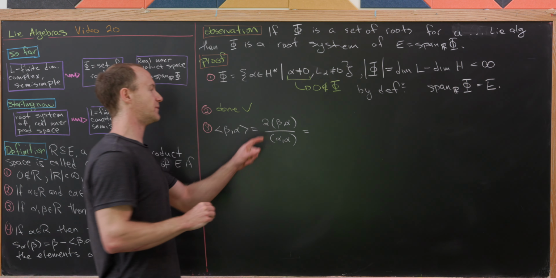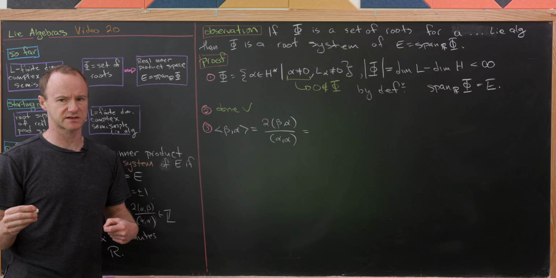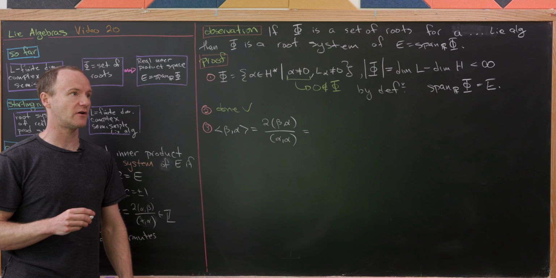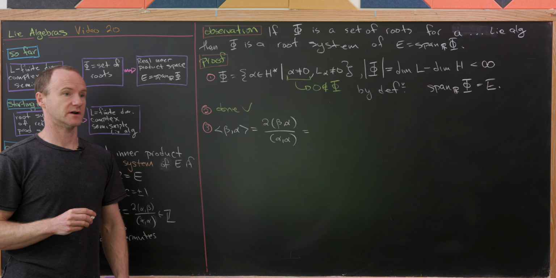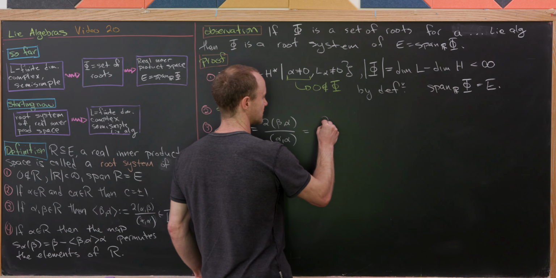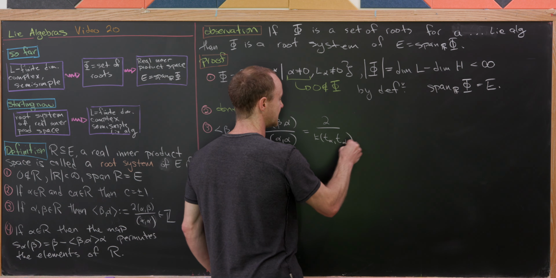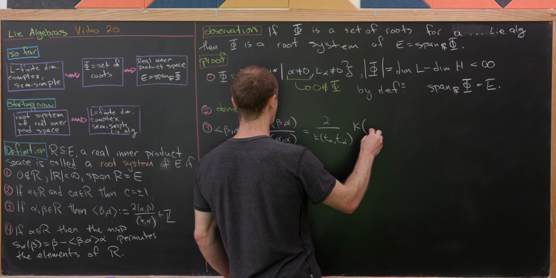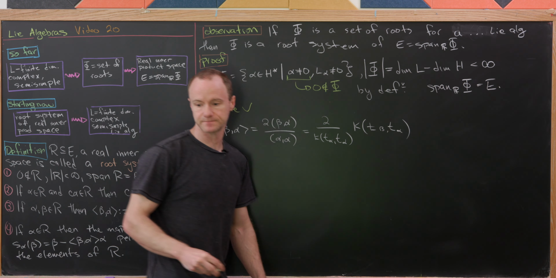So this beta with alpha, these inner products are defined in terms of the inner products of those T alpha elements that came from the Lie algebra. So in fact, what we have here is that this turns into 2 over kappa T alpha times kappa of T beta T alpha.